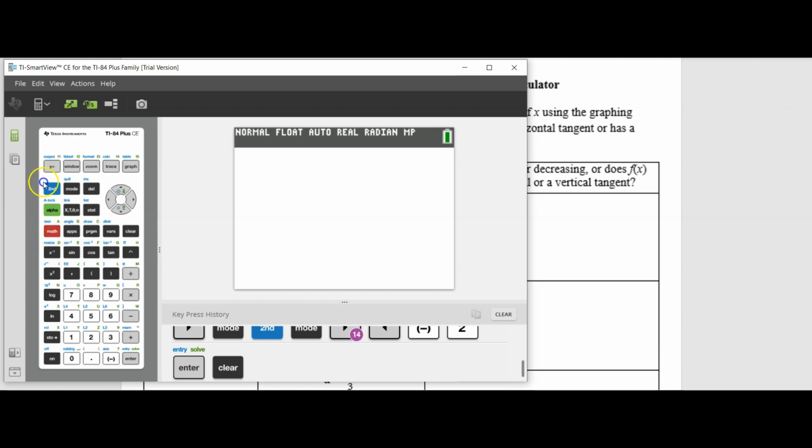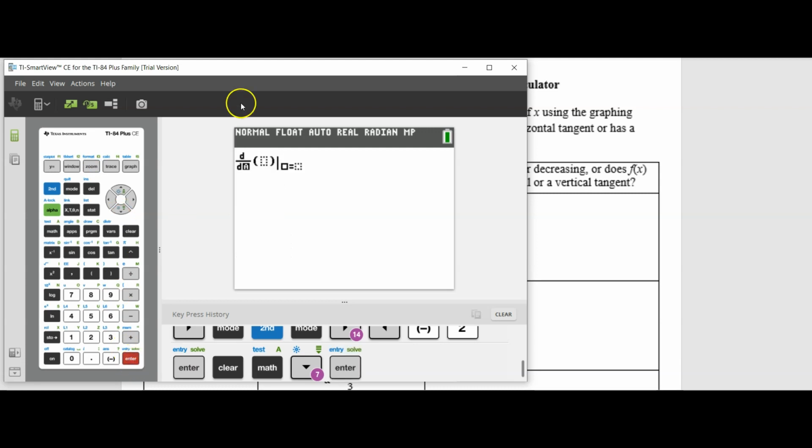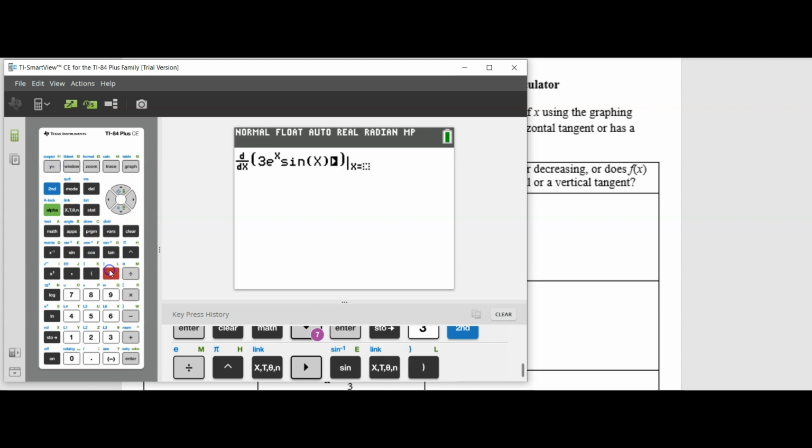So again, we go to Math. We go down to option 8, and derive, hit enter. The variable that I'm taking the derivative with respect to is x. The function is 3 times e to the x times sine of x. And again, make sure your calculator is in radian mode.